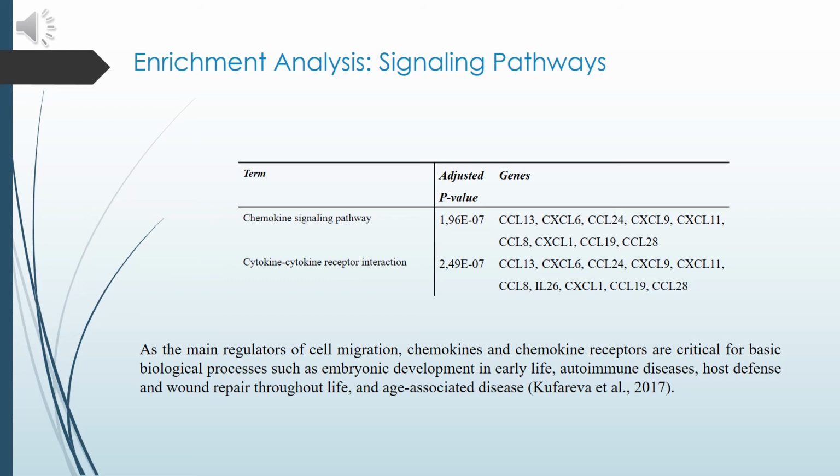Chemokine signaling pathway and cytokine receptor interaction have been shown to be statistically significant here. As the main regulators of cell migration, chemokines and chemokine receptors are critical for basic biological processes such as embryonic development in early life, autoimmune diseases, host defense, and wound repair throughout life, and age-associated diseases.